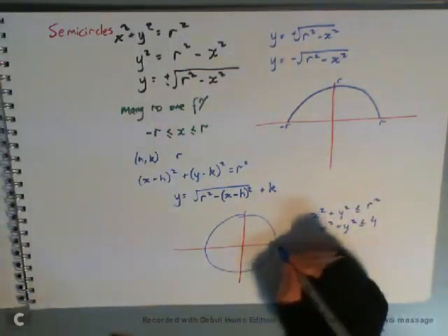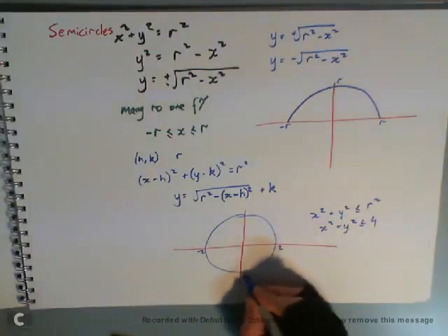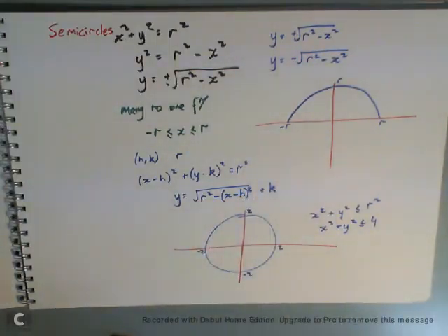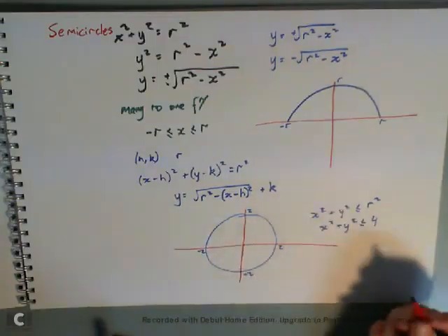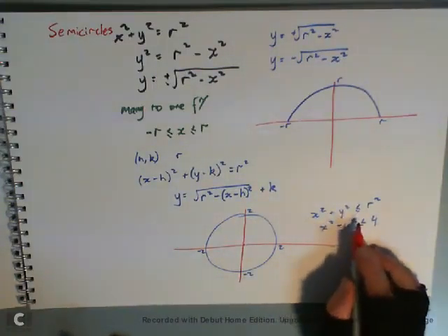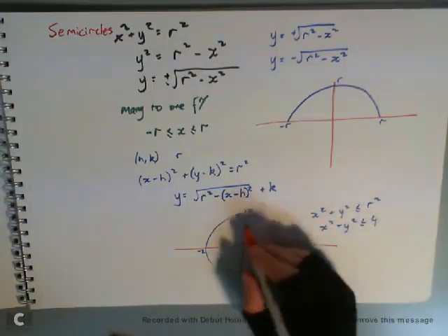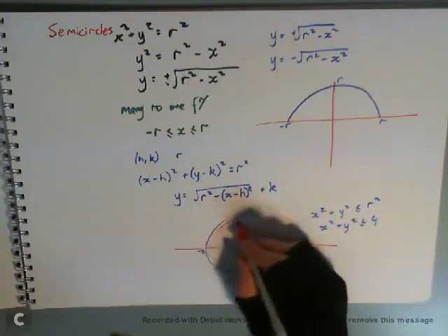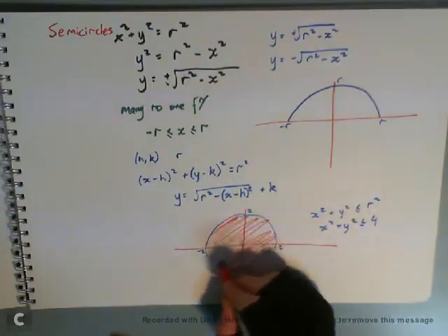So obviously a radius of 2. It hasn't been moved left or right or up and down. So what values of that is less than 4? The simplest way to check is to test if 0, 0 is in the equation. So 0 squared plus 0 squared is obviously less than 4. So it's all these numbers in here.